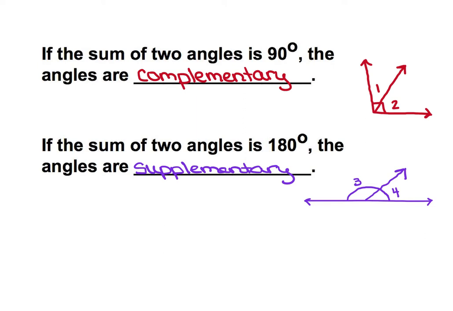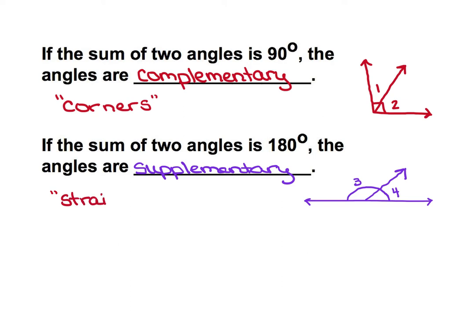Kind of help keep it in order. If you're thinking complementary, think of a corner. Complementary angles create corners. What do we know about corners? They're 90 degrees. Supplementary are straight.